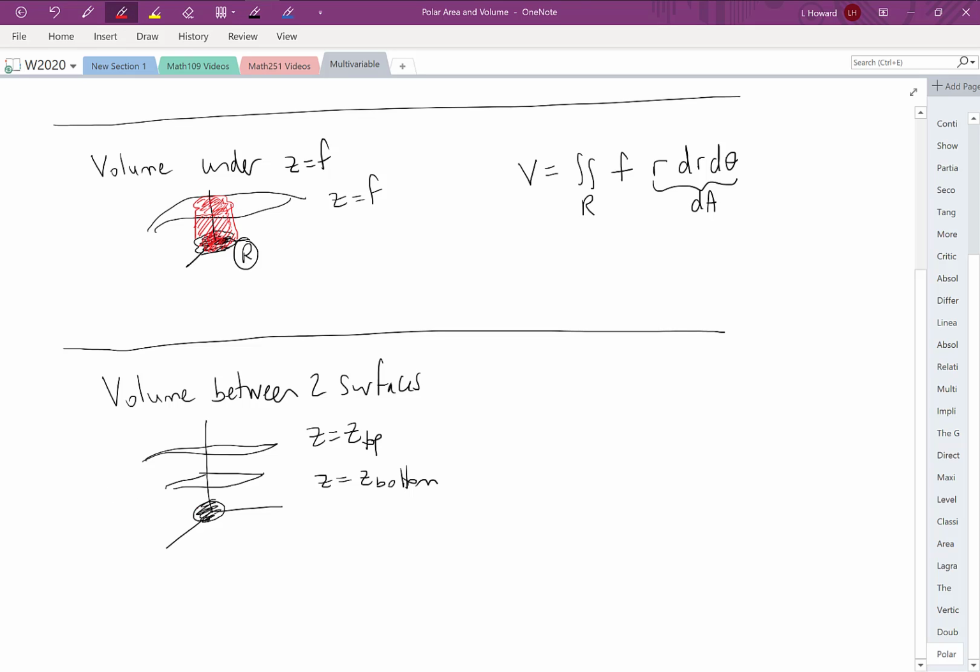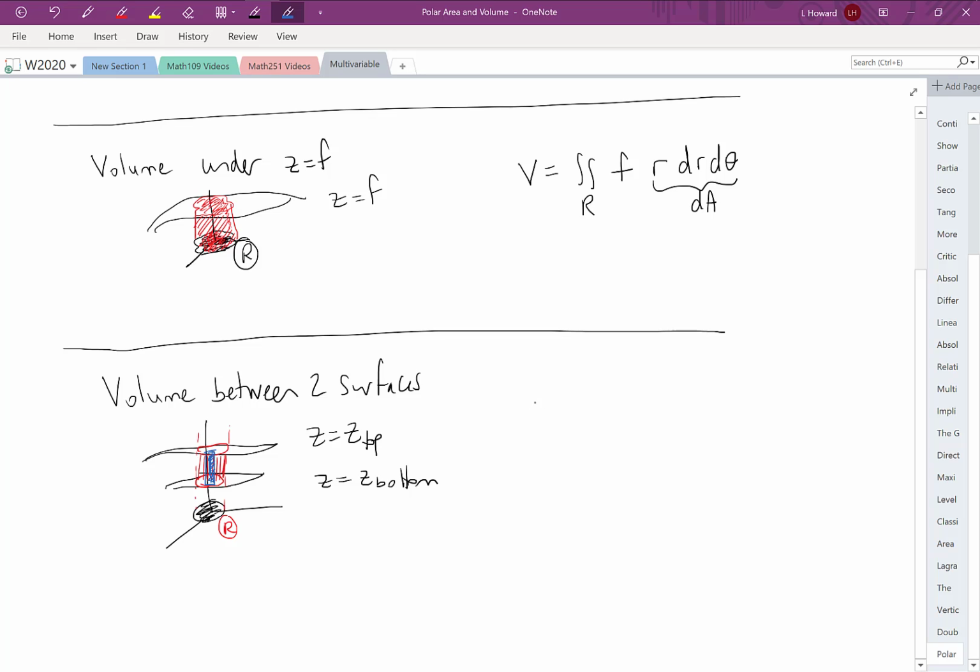Then we would just trace our region up, figure out where it would cut through our surfaces, and then we're just trying to capture the points that lie above that region R, but between those two surfaces. If you think about the height of each of these little columns that we might draw within our volume here, the height is just going to be the difference, z top minus z bottom.